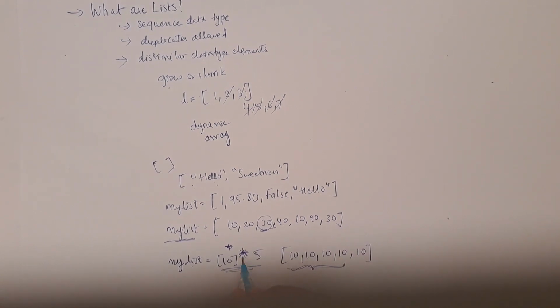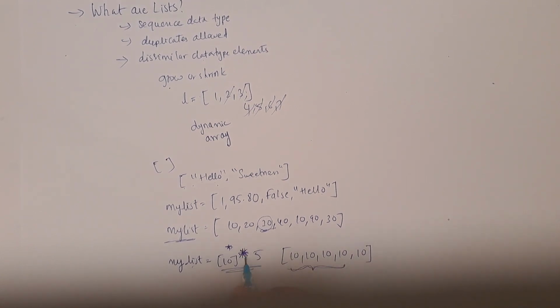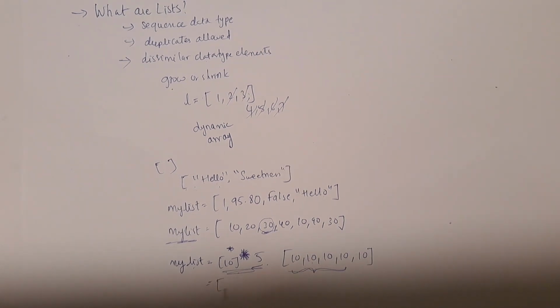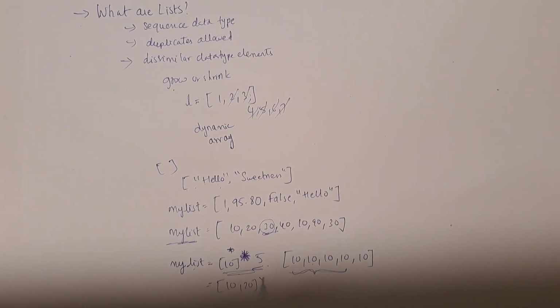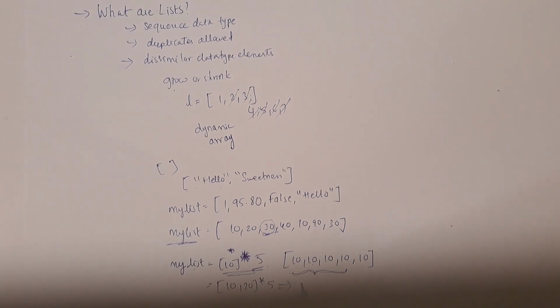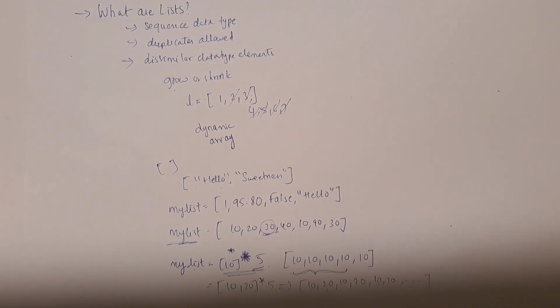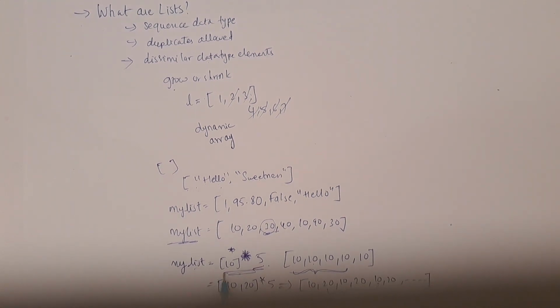When you want to repeat the elements in the given list, we can use this asterisk and the number of times, so that it can store like this. For example, if you take 10, 20 asterisk 5, your list will be 10, 20, 10, 20, and so on, five times. So this means items in a list can be repeated.